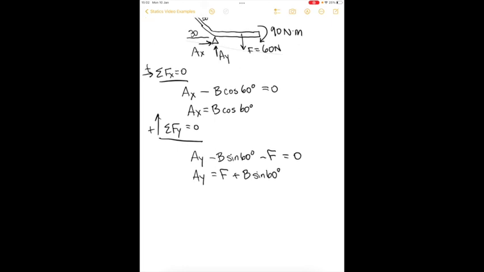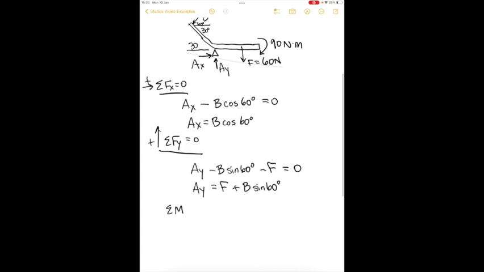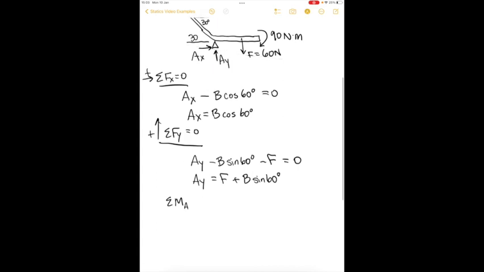So we'll move on to our final equation, the sum of the moments. Well, what point do we want to use? Well, the best point would be to choose point A, because two forces, AX and AY, move through that point. So in the counterclockwise direction is positive.